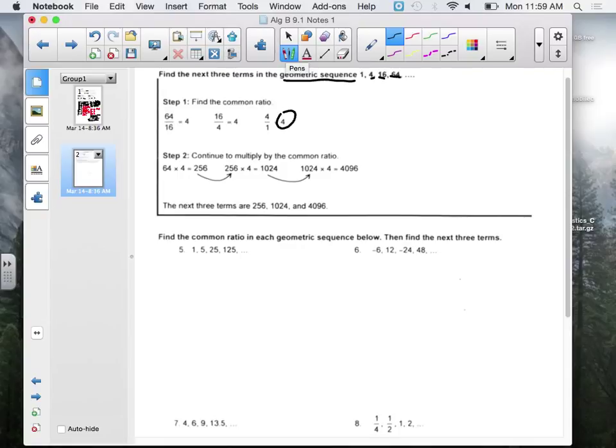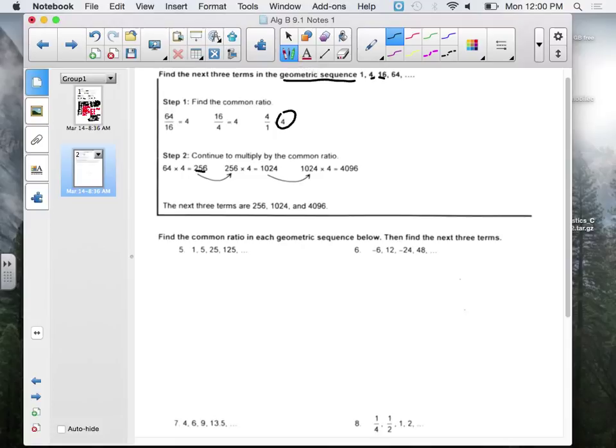Now, we're asked to continue the sequence. So, if we want to find the next one, what would we do to our last term, 64? Multiply it by your common ratio. Exactly. So, 64, our common ratio is 4. 64 times 4 is 256. So, that's our fifth term, or our first one that we're finding.